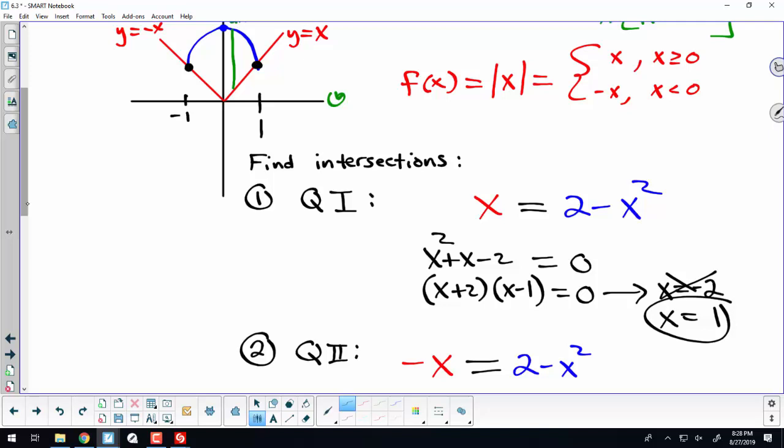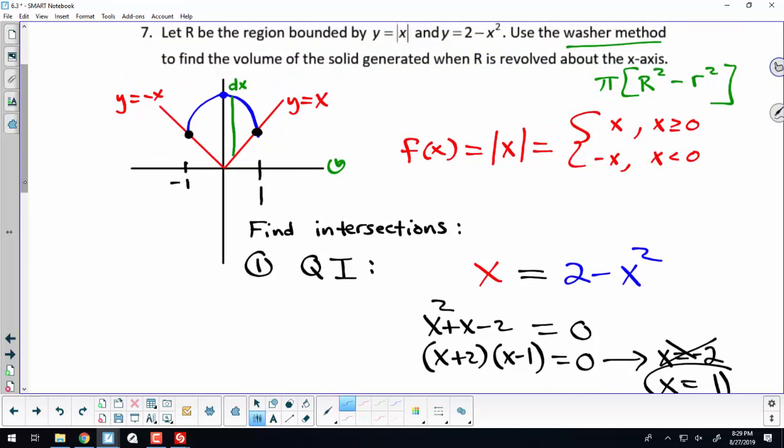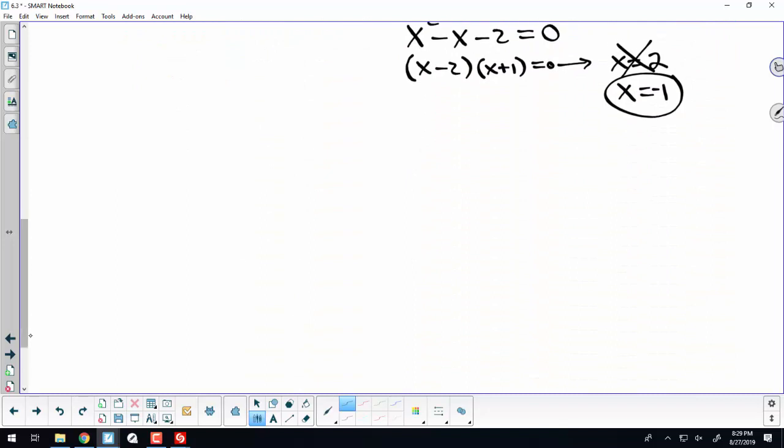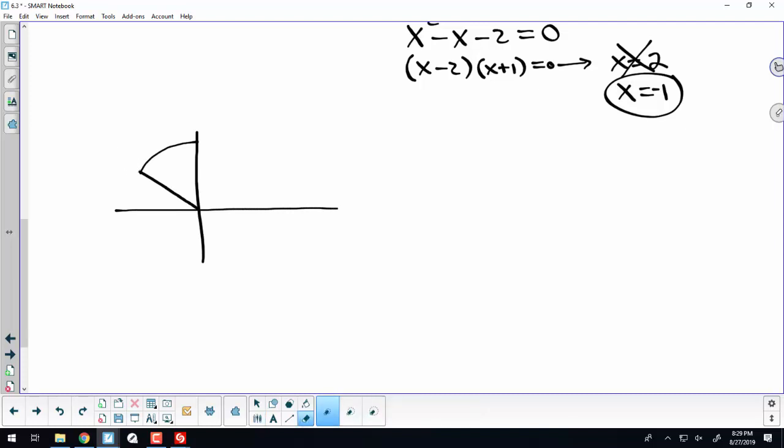So now that we have those values established, we can set up the integral for this volume, right? I'm rotating everything around the x-axis, so I have to look at it as two separate pieces put together, if I'm not going to utilize symmetry. So the first thing I need to look at is, what happens when I take this region and revolve it around the x-axis using the disk method?